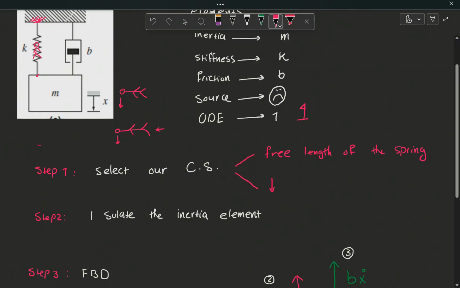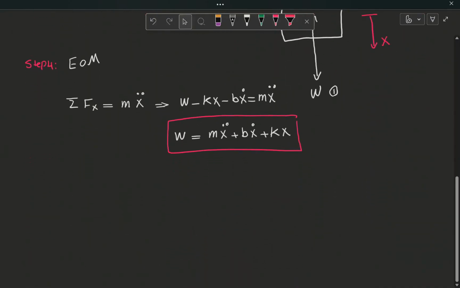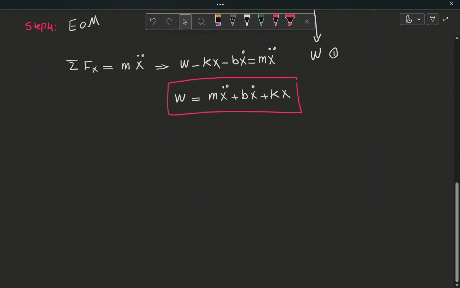We call it the static equilibrium point. Note that, guys, there would be a difference d between the free length of the spring and the static equilibrium point. And we want to see how we can use this d to model the system again in a better and more efficient way. Okay, so let's go ahead and do that.